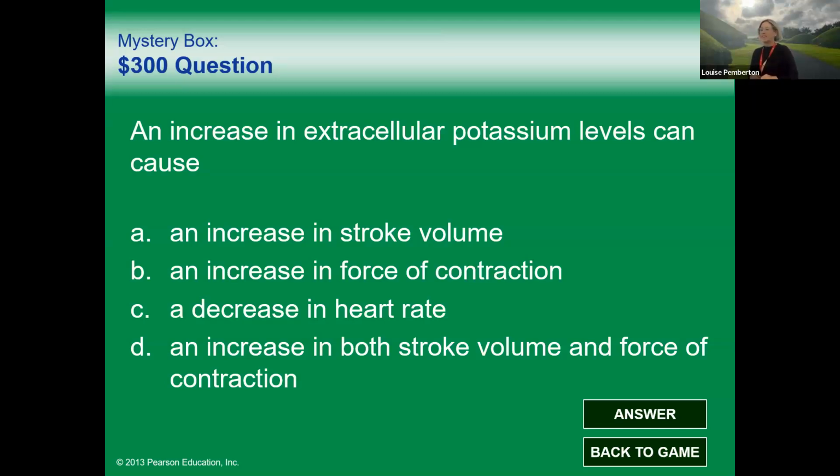Is it E? D? No. I'll explain it in a minute. Anybody else want to have a go? That would be calcium, not potassium.